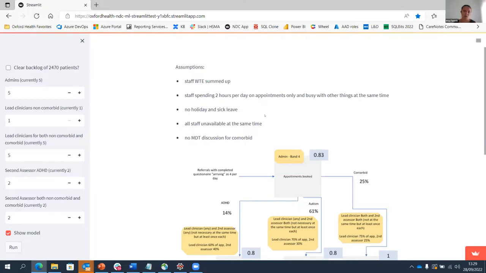That was what I saw in the data: out of the whole data, staff spend just 2 hours on clinical appointment time. I didn't include any holiday or sick leave, and all staff are unavailable at the same time. There's also an MDT discussion that happens regularly for comorbid cases, which I haven't included, and I can go into detail later in questions about why I haven't included certain things.